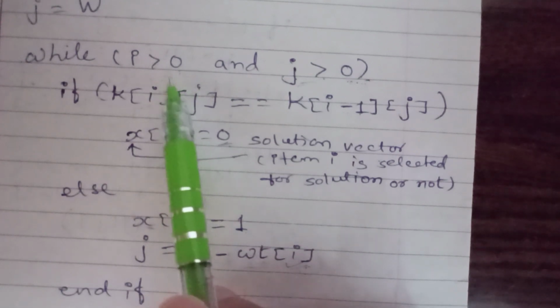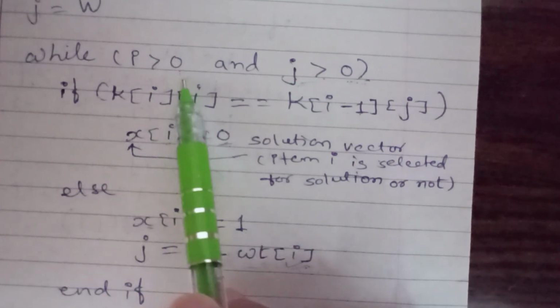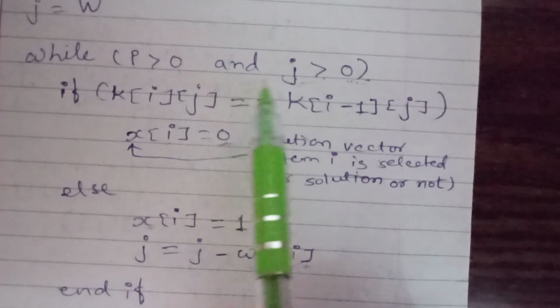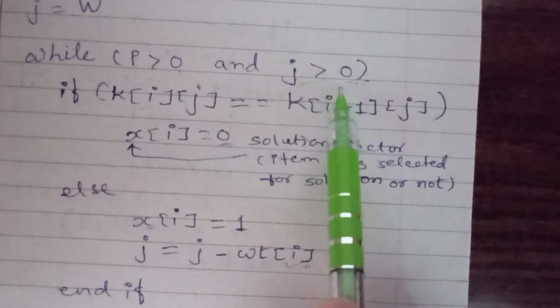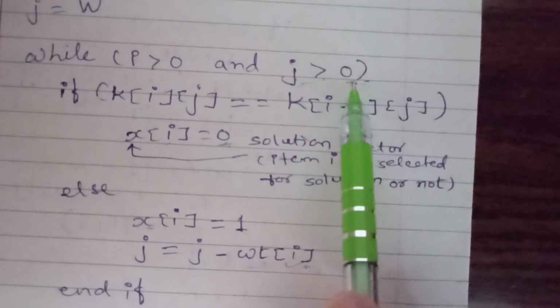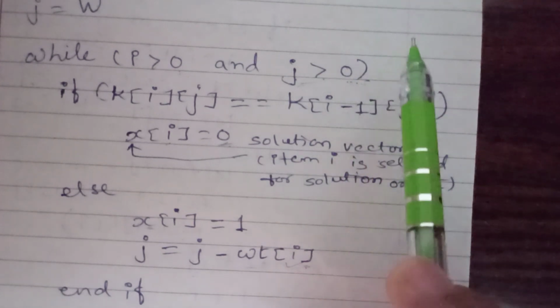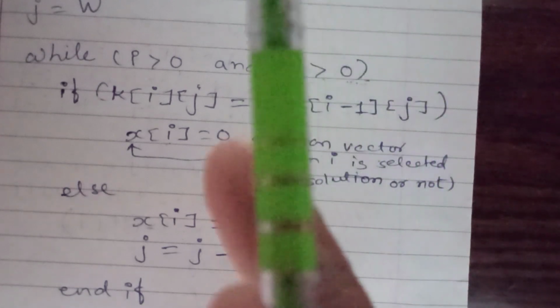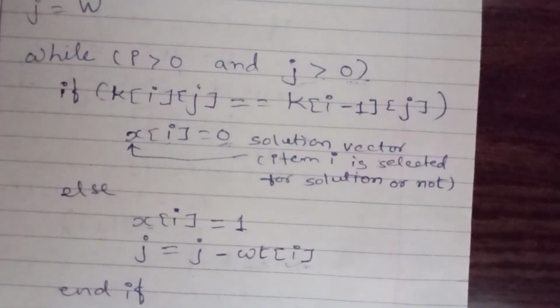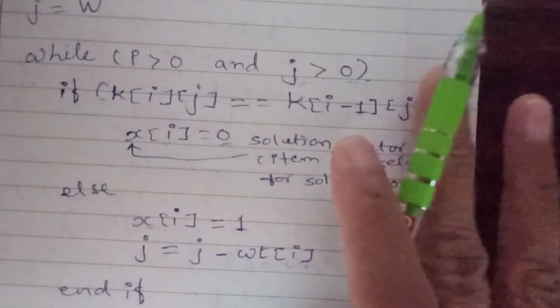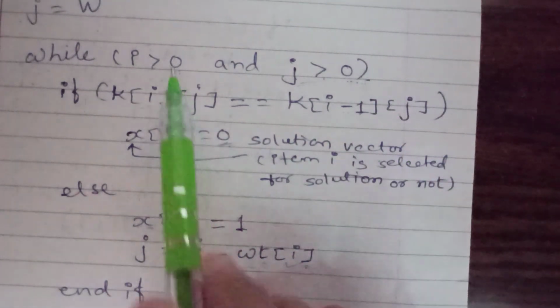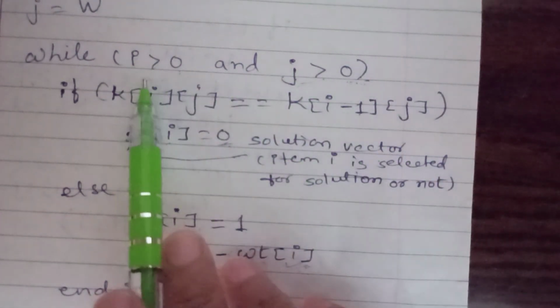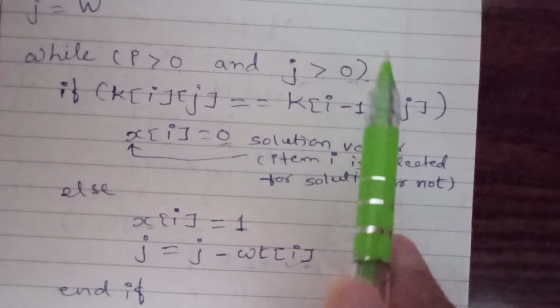Item 0 means no item exists. Now when J is equal to 0, it means the bag capacity is 0. So we have checked every possible weight for this bag. This is how we wrote the condition here: I greater than 0 and J greater than 0.